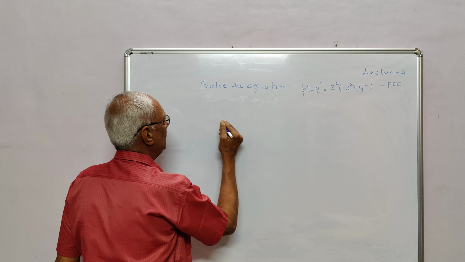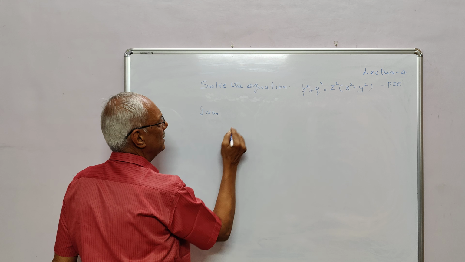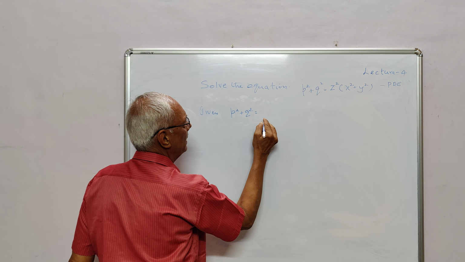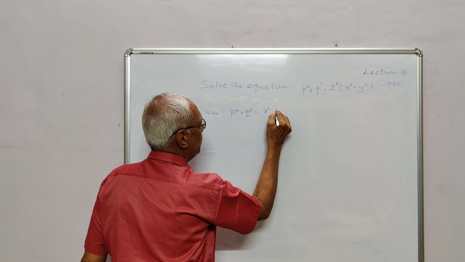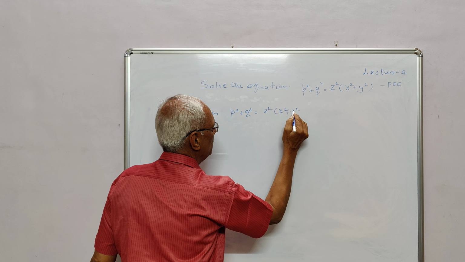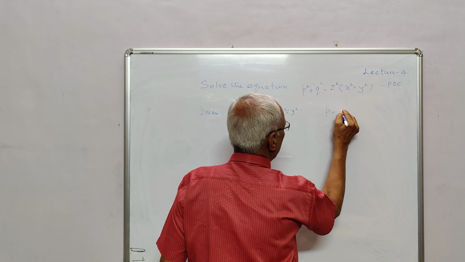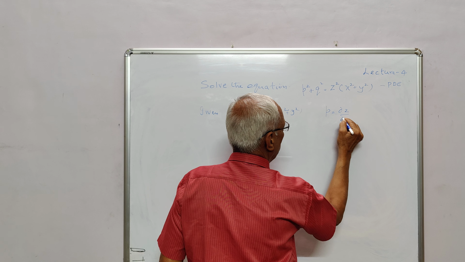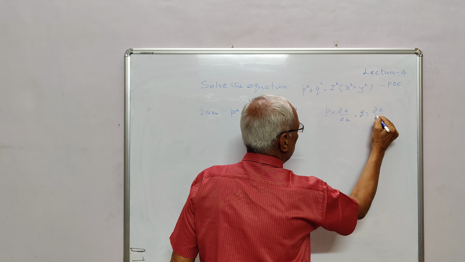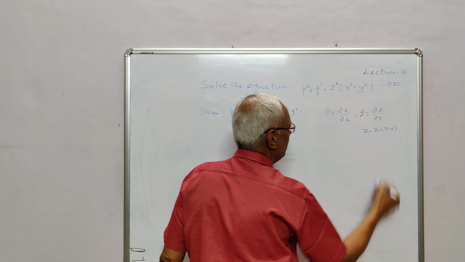Now, here you see, what are you given here? p squared plus q squared is equal to z squared into x squared plus y squared. Here you are given only p, which is nothing but dou z by dou x, and q, which is nothing but dou z by dou y, and z is a function of x and y.